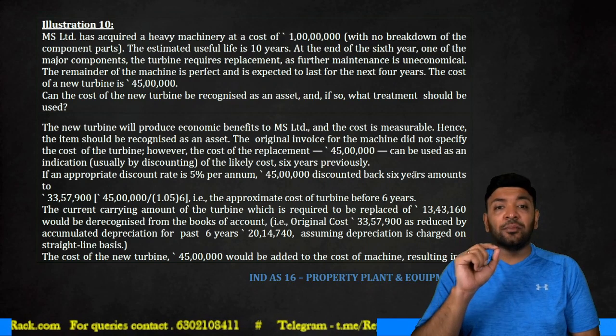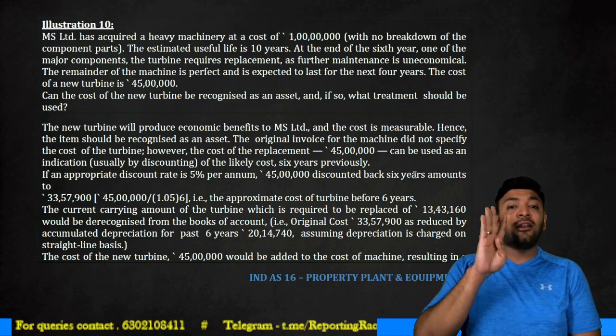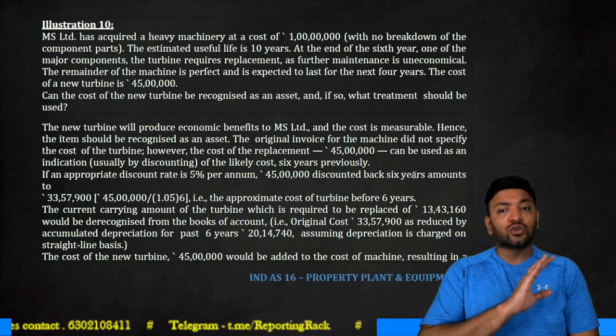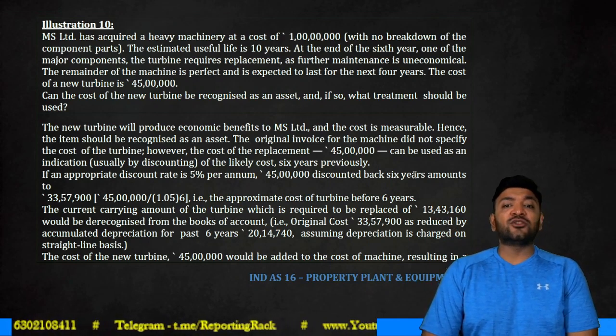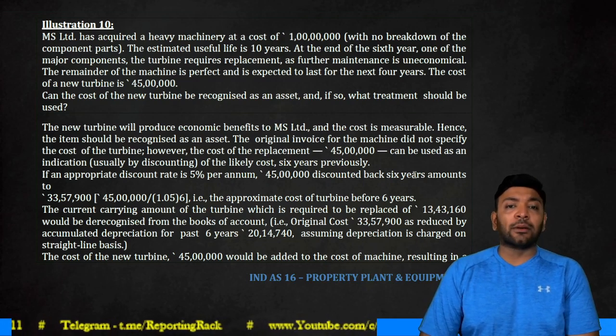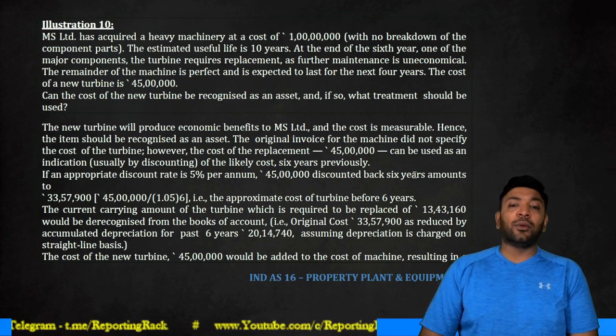The remainder of the machine is perfect and it is expected to last for another 4 years. 6 years is out. So next 4 years it will still run. So there is no change in useful life. The cost of the new turbine is 45 lakhs. Can you find out, can the cost of the new turbine be recognized as an asset? If so, what is the treatment to be used?